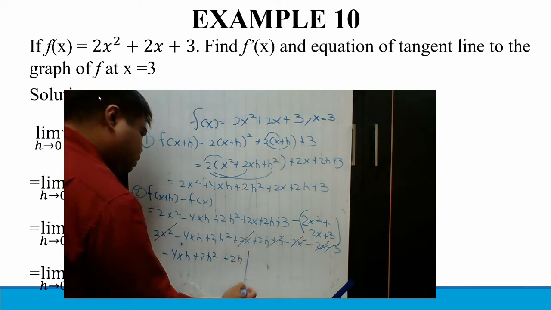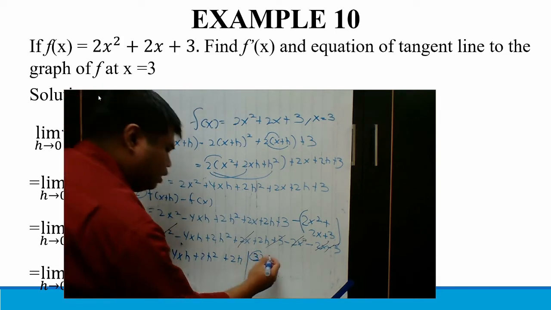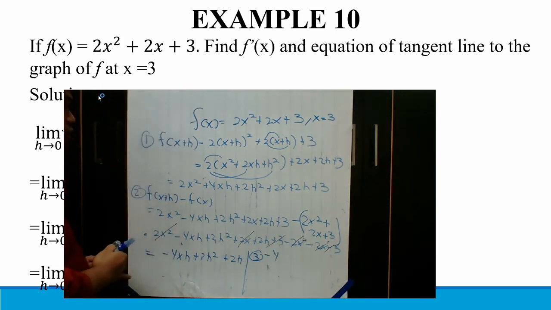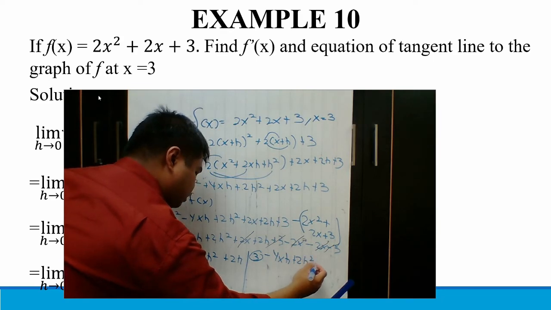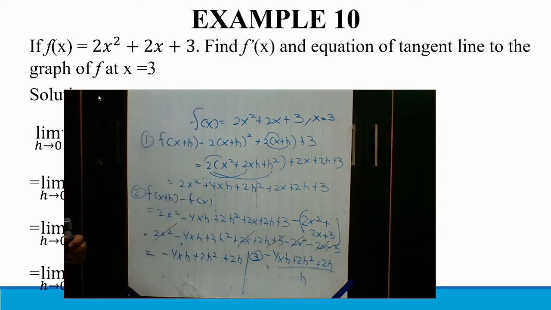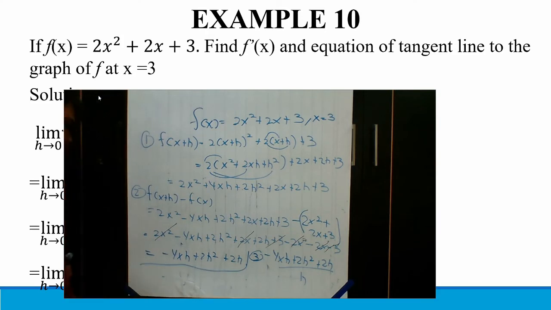The third step, 4xh plus 2h squared plus 2h divided by h. The third step is like this one.